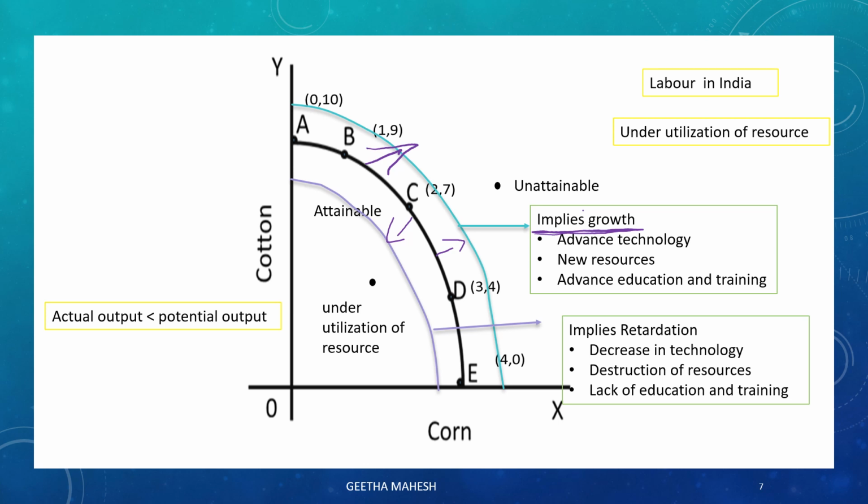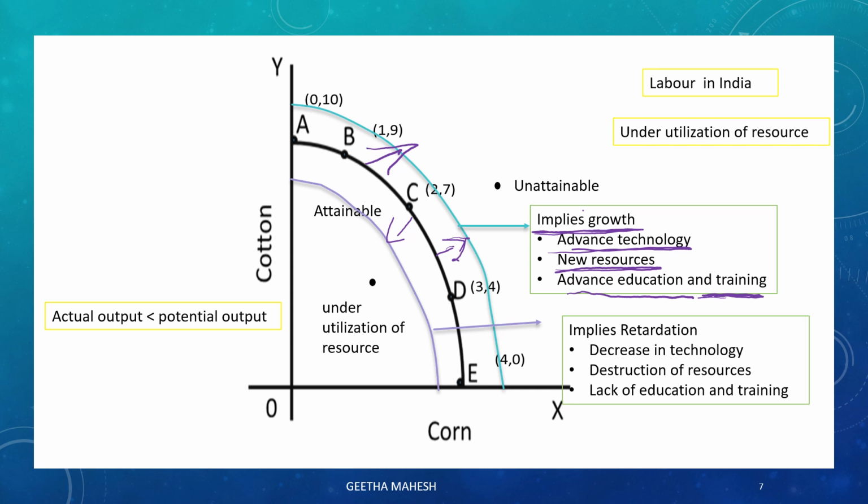The curve can shift towards the right side when there is a technological advancement or new technology is used, when resources are increased, or when advanced education and training is given to human resources, then the efficiency of labor or because of new resources or advanced technology, the production capacity of an economy is going to increase and it can shift towards the right side.